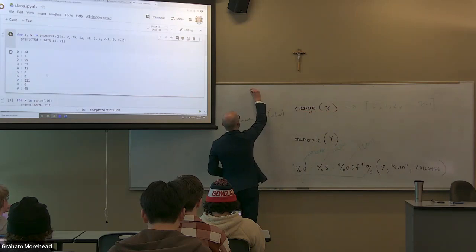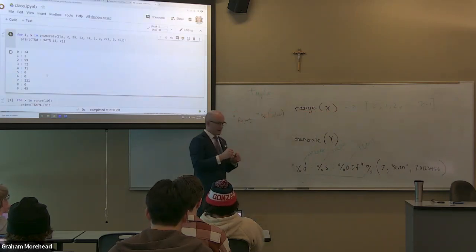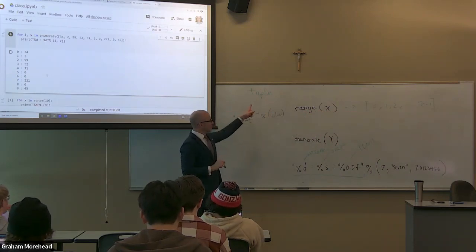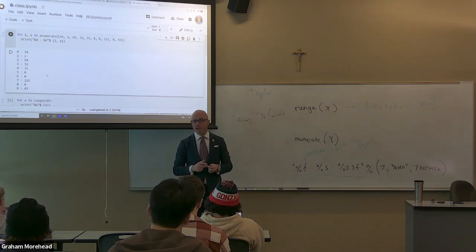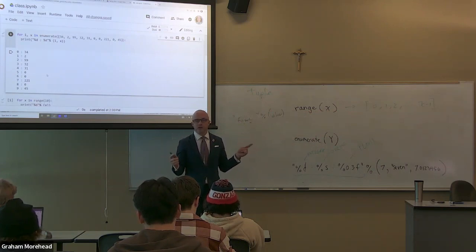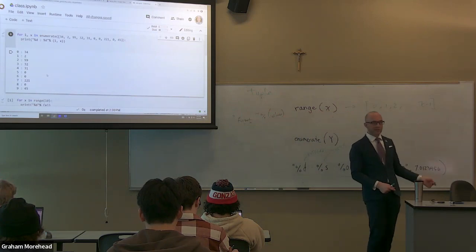Spelled like this. Tuple. Like multiple, that kind of thing. A tuple is just a list that you can't change. So if you make X equal to a tuple, you can't switch out the first element with something else later.